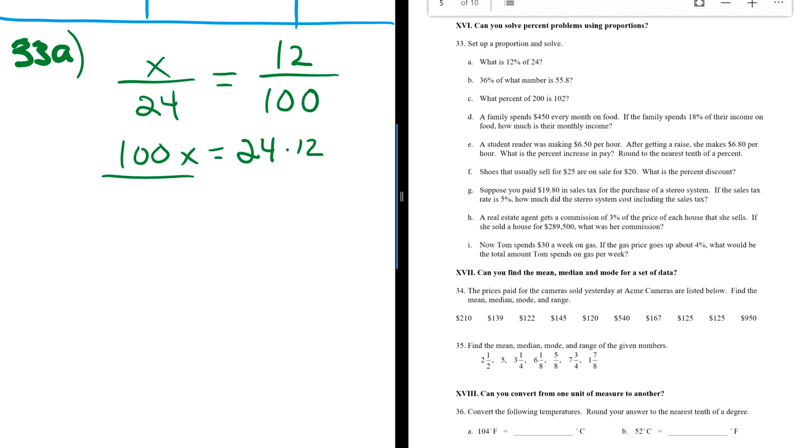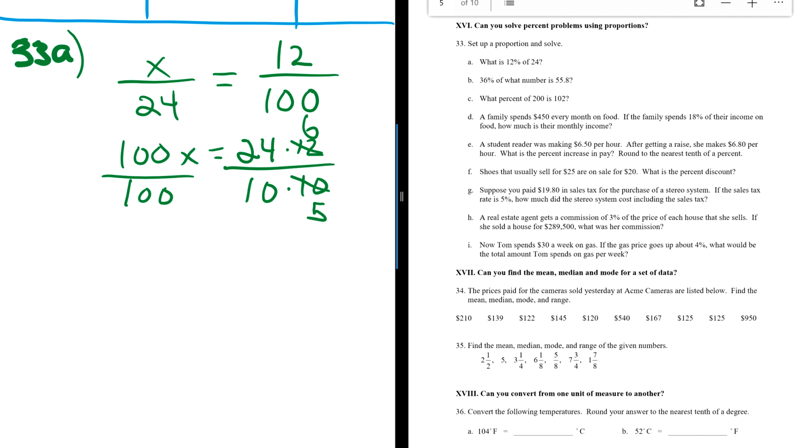Then I'm going to divide both sides by 100. And this, I'm going to say, is going to be 10 times 10. That's 100. And then I'll try it out, see what I get. So I know with 10 and 12, I know that 2 goes into both of these numbers. So 2 goes into 10 5 times, and 2 goes into 12 6 times.